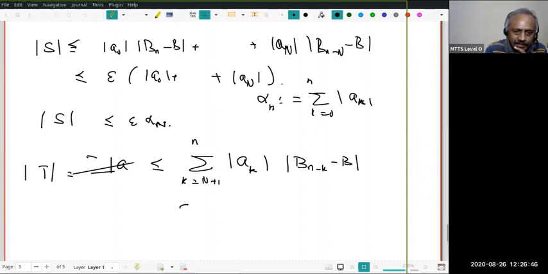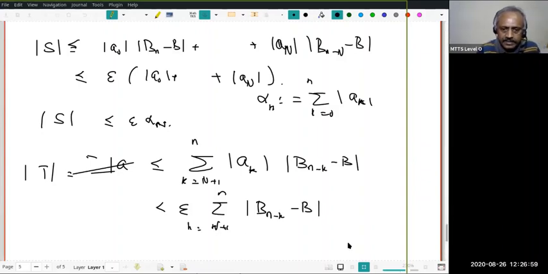I get epsilon into, less than epsilon into the sum from n plus 1 to little n of mod B n minus k minus B, where k equals n plus 1 to n. You understand? Now I have no estimate for this. If k is very large, mod B n minus k minus B will be anything.